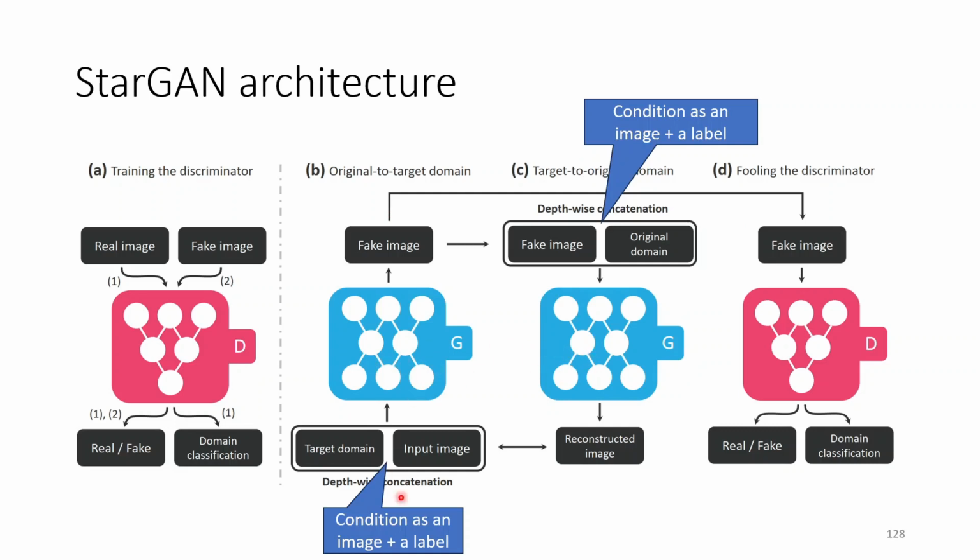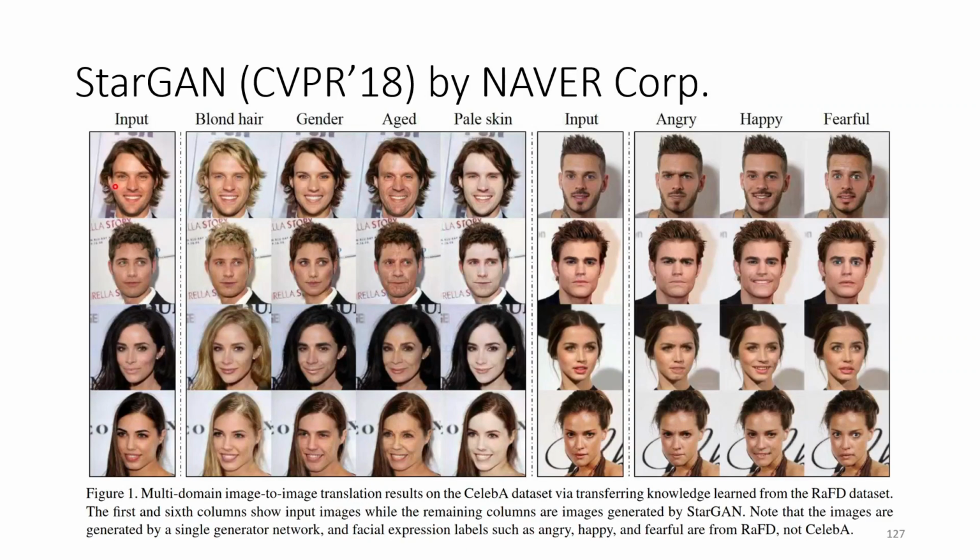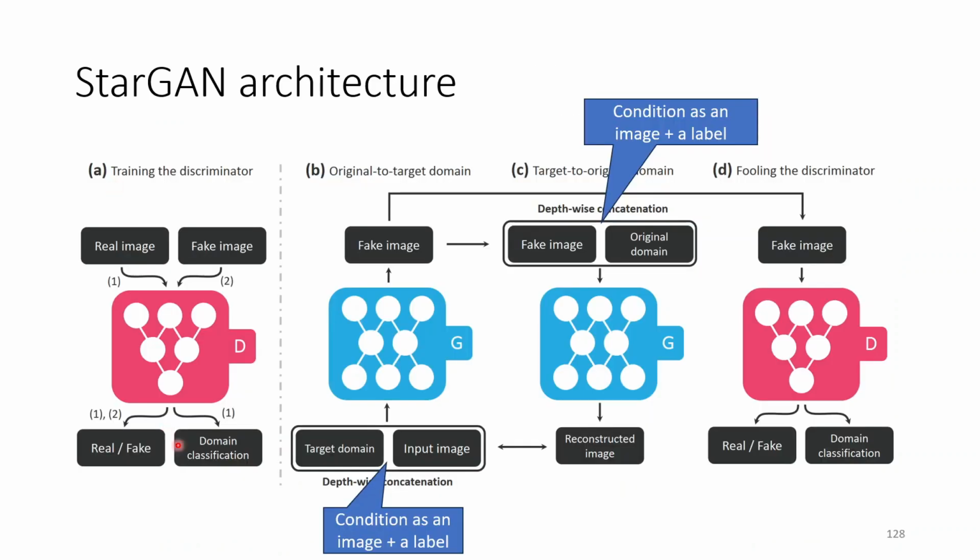It means for an input image and a conditional label, it will generate the output image. And then use the generated image and the original label. The original means, okay, if this is a male image with a male label, and I use a female label, it will generate a fake image. And then I use the male label again. It expects to generate the same image back, so it means a cycle GAN.